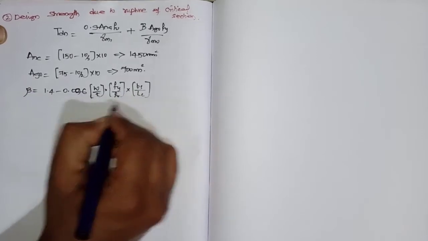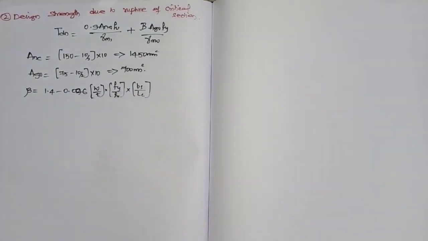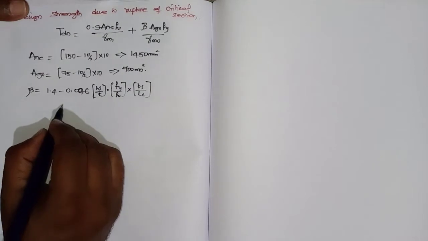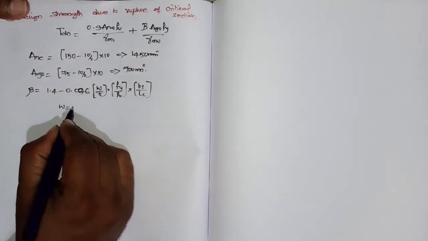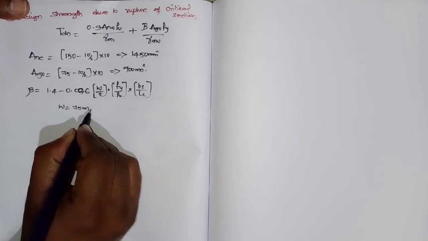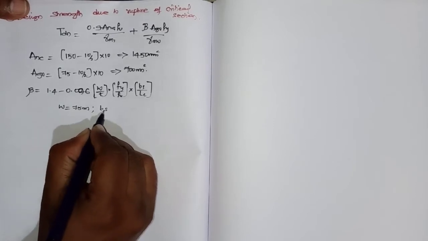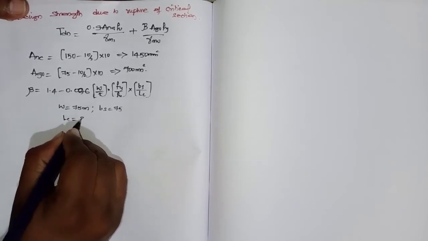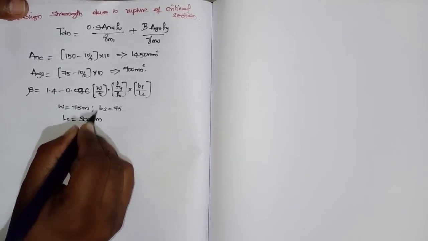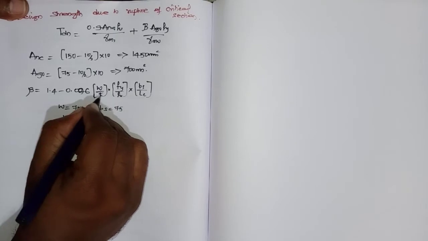If not, it is available in the code, clause 6.3.3, which talks about all these things. Now what is W here? The outstanding leg length, 75 mm. Similarly, for a welded joint, BS will also be equal to 75. Next, the length of weld LC is given as 300 mm. Fy, Fu, everything is given, and the thickness is 10 mm.